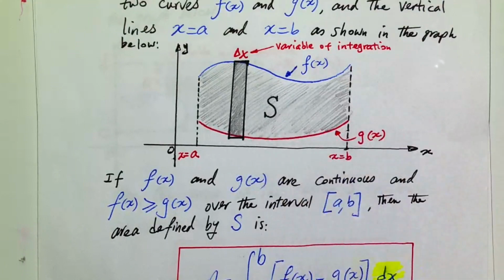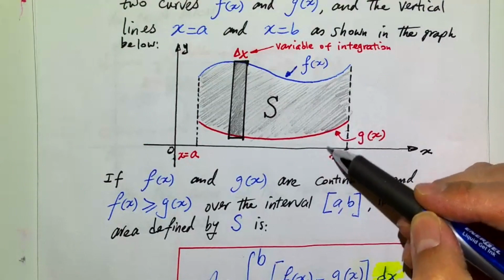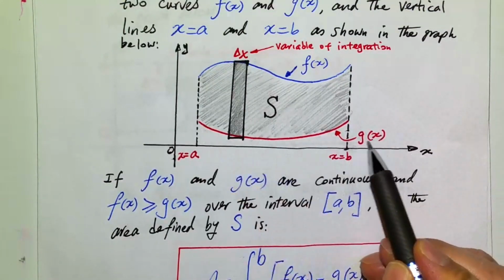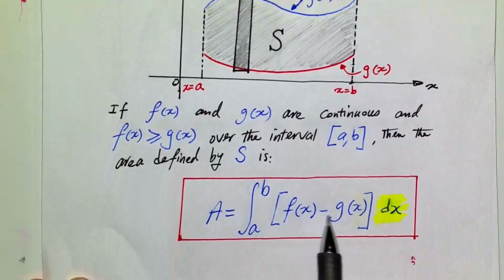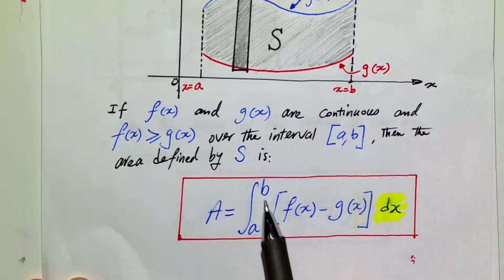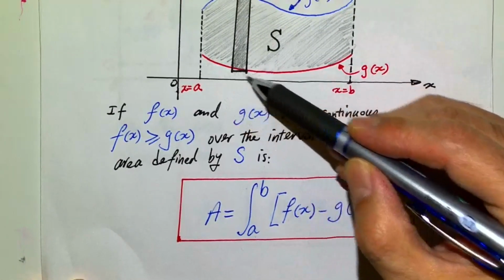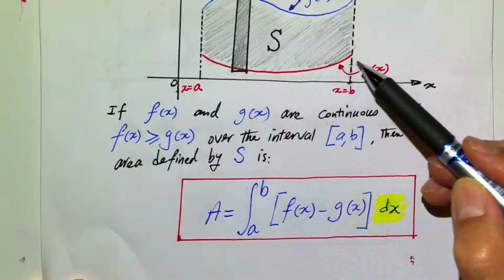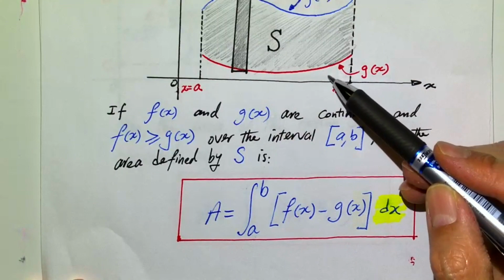So in order to subtract this region below the curve g of x, we simply do a subtraction here, because integration of g of x calculates the area between the x-axis and below the g of x curve, which is exactly what we do not want.